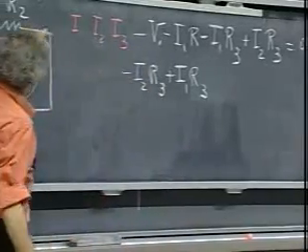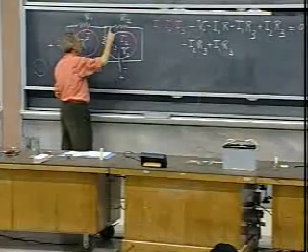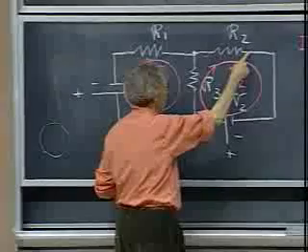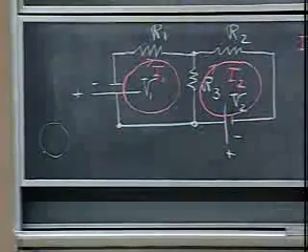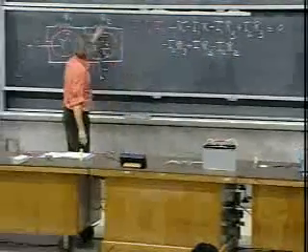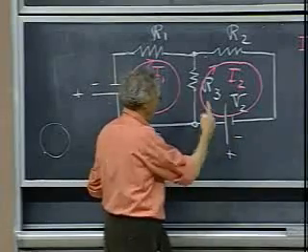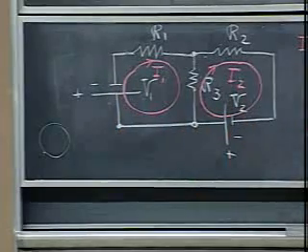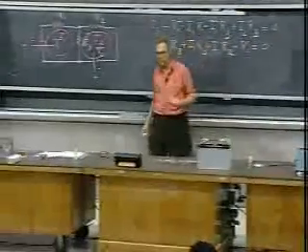Now I go through R2 in this direction. Current I2 is also in this direction, and so this must have a higher potential than this. So I go downhill in potential, so I have minus I2 times R2. I come down here, here's a battery, and it goes up in potential, so I get plus V2. And that's 0. Two equations with two unknowns.